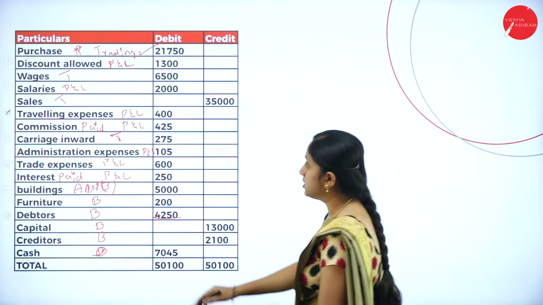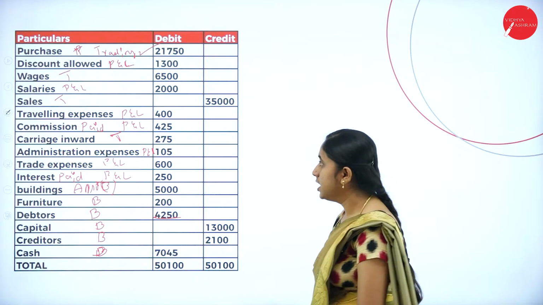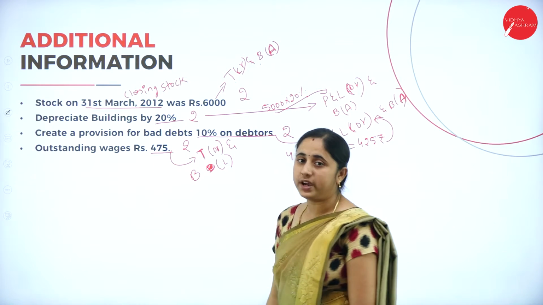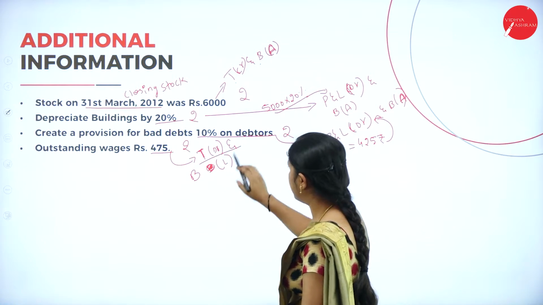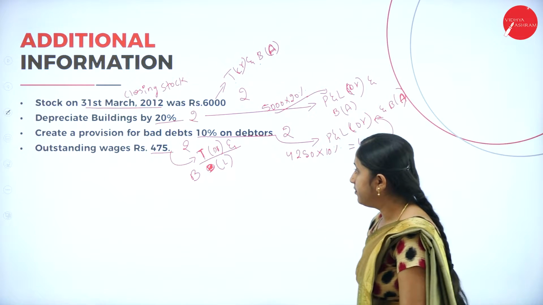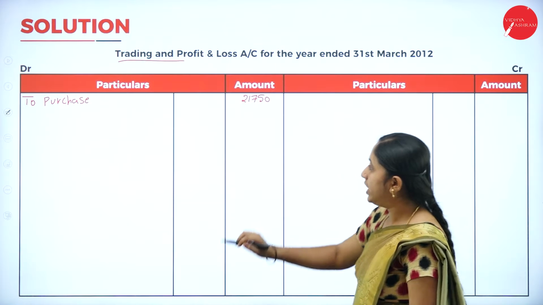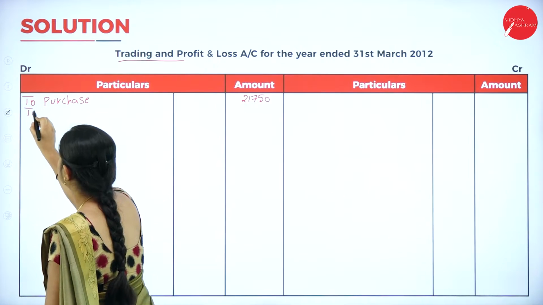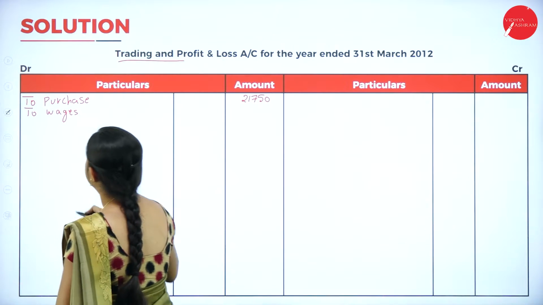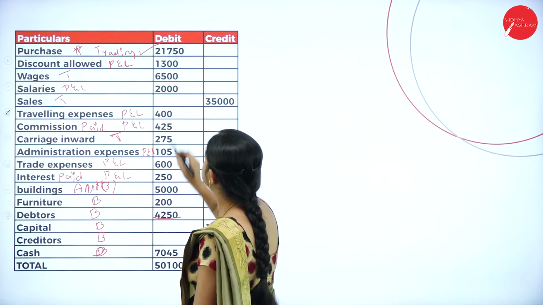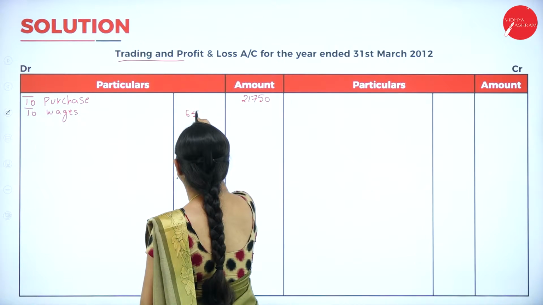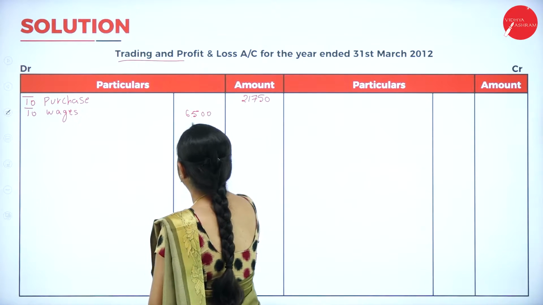So the purchase amount we will write directly in the outer column. Then wages. We have wages 6,500. Any adjustment related to wages? Here we have outstanding wages 475, which you need to consider in the trading account. So first, to wages, amount rupees 6,500.